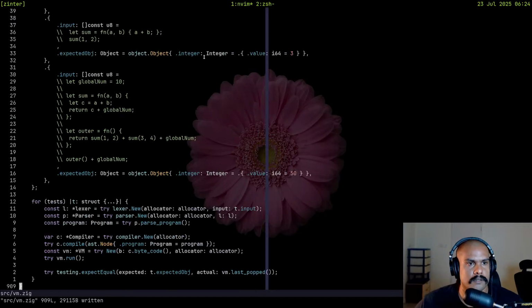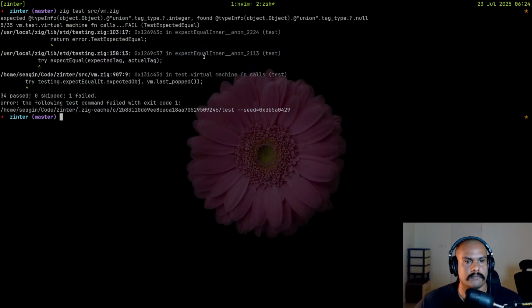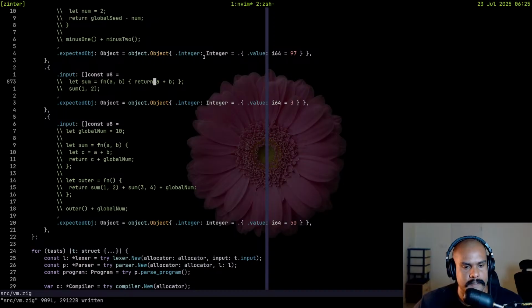Found null. Okay, that's a different problem. That's actually quite bad. This fails silently. I know why it's failing silently.